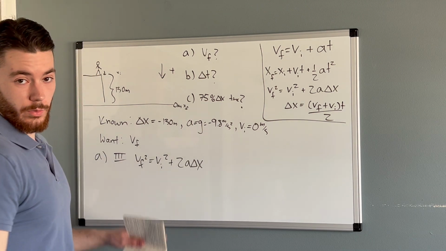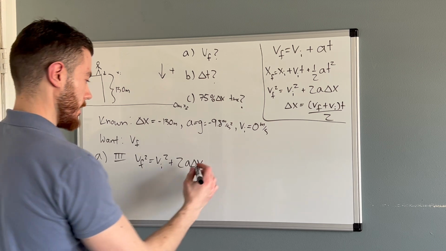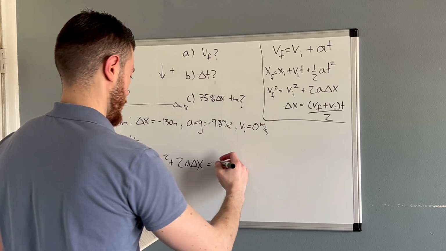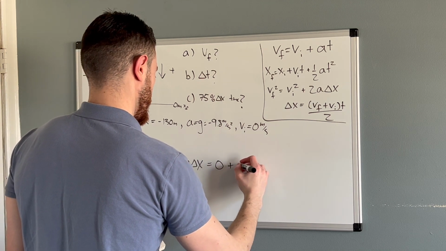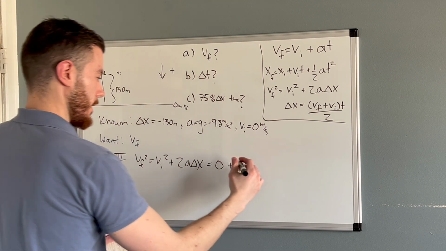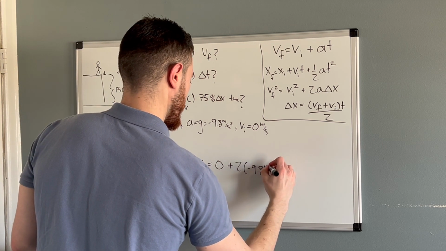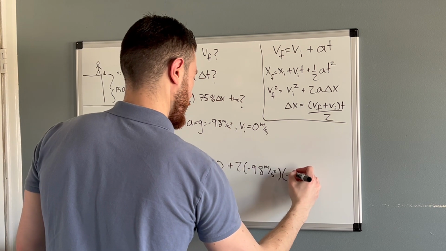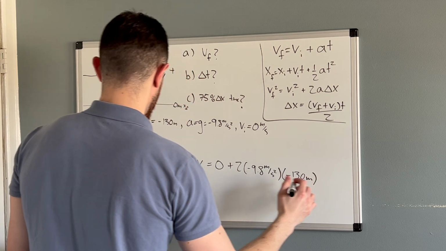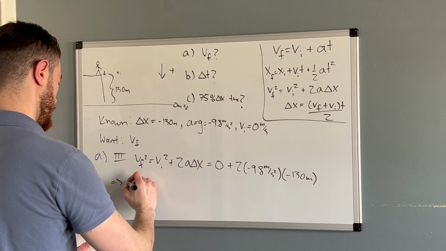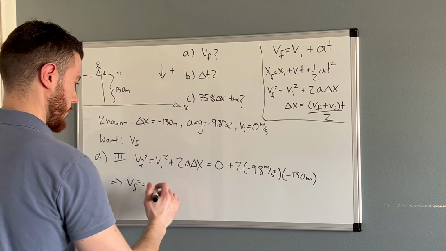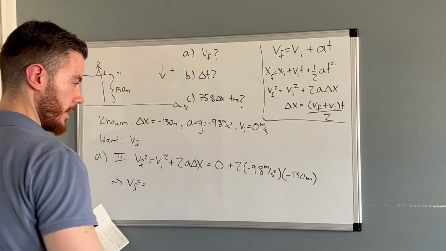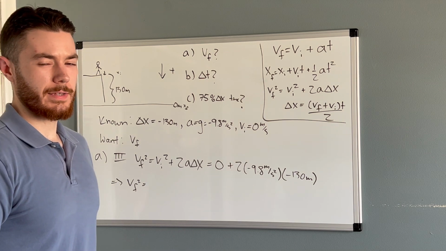The final velocity squared is what we're looking for. The initial velocity is 0, 0 squared is 0. 0 plus 2 times a, negative 9.8 meters per second squared, times delta x, negative 130 meters. So the final velocity squared is equal to, the negatives will cancel out, 2 times 9.8 is 19.6.